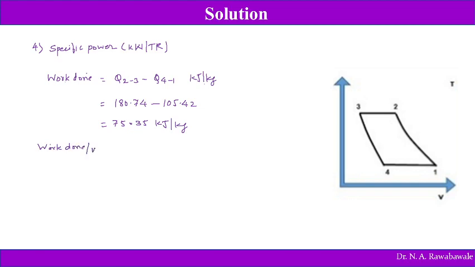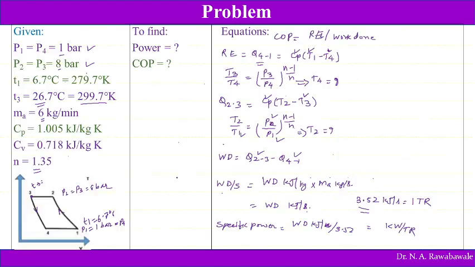So here, work done per minute, if we want to find out, is work done in kilojoules per kg into mass flow rate of air in kg per minute. So work done is known, 75.35 into mass flow rate of air, which is given in this problem as 6 kg per minute.